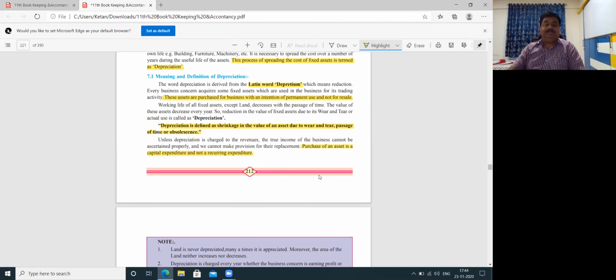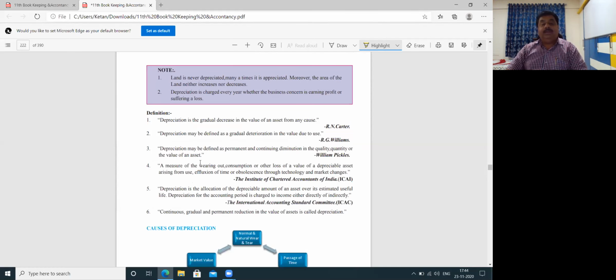That is the difference. Now here definitions are given by R.N. Carter. Depreciation is the gradual decrease in the value of an asset from any cause, for any reason. But I can tell you that there are main three reasons. One is called as the wear and tear, other is called as the passage of time, also called as the effluxion of time.